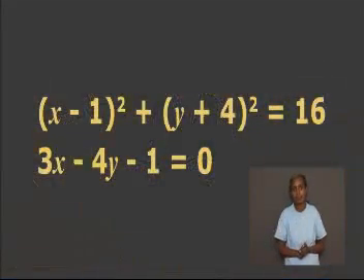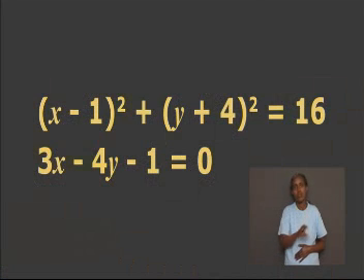Earlier in this unit, we learned the distance formula for finding the perpendicular distance from a point to a line. We can use the same formula to find the perpendicular distance from the center of a circle to a line. The equation of a circle is (x minus 1) squared plus (y plus 4) squared equals 16.